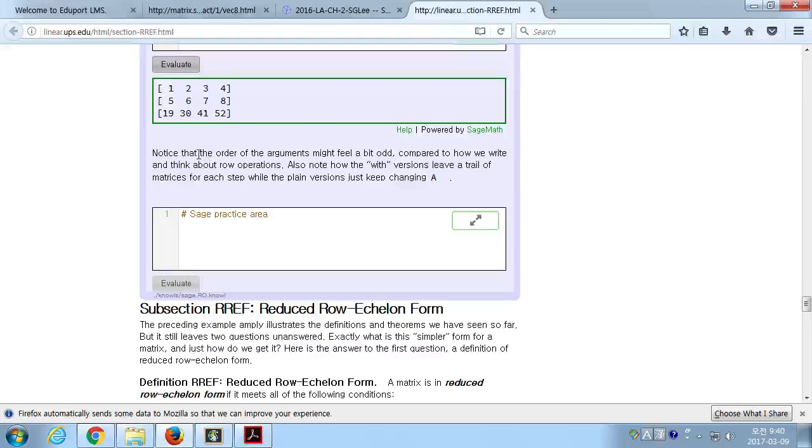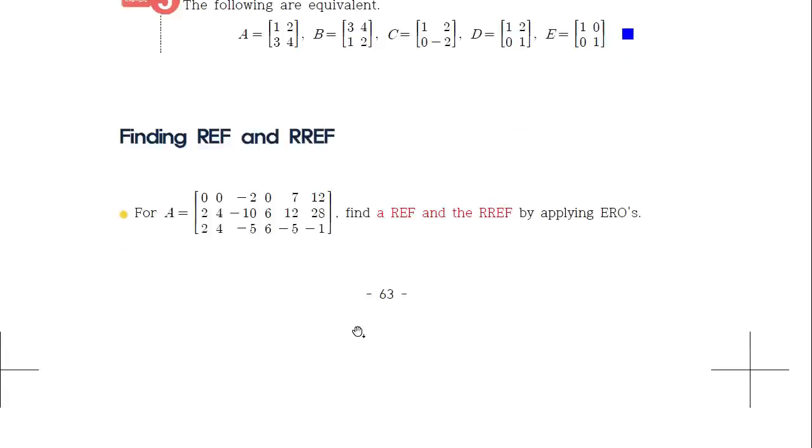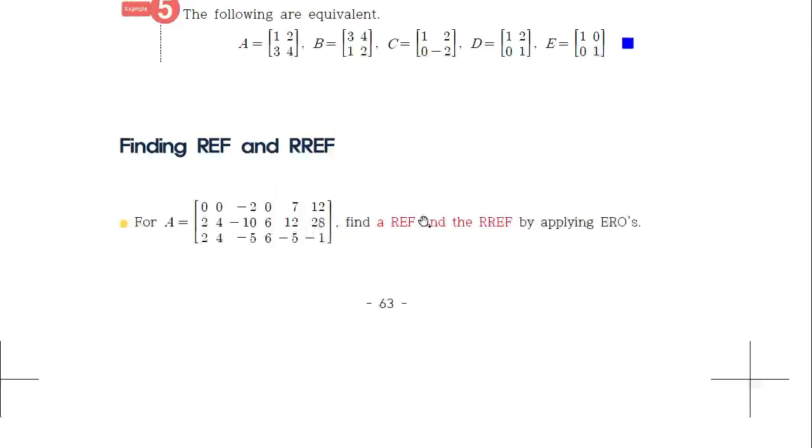So this shows the kind of elementary row operations. I made all this in a much simpler form here, so you will use it.